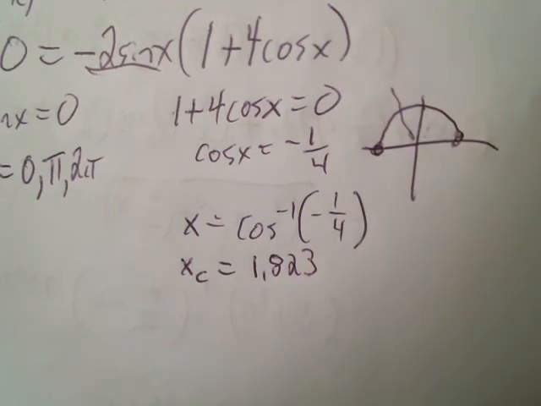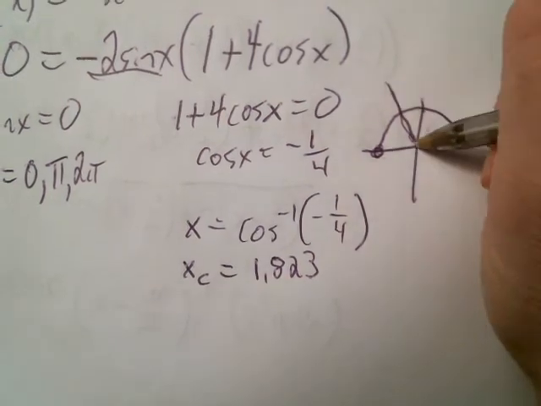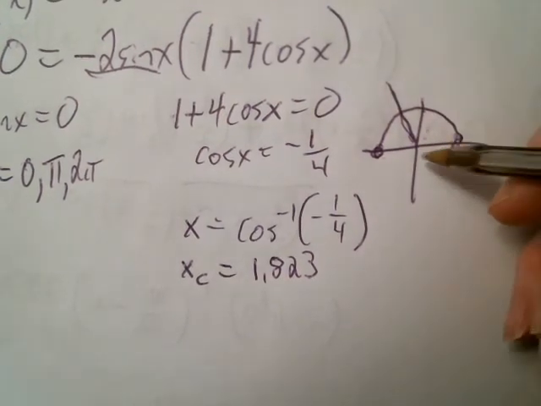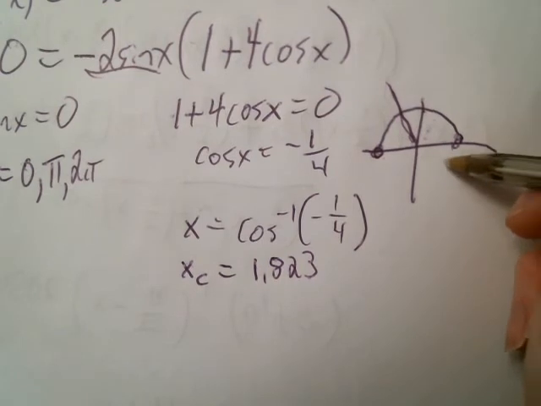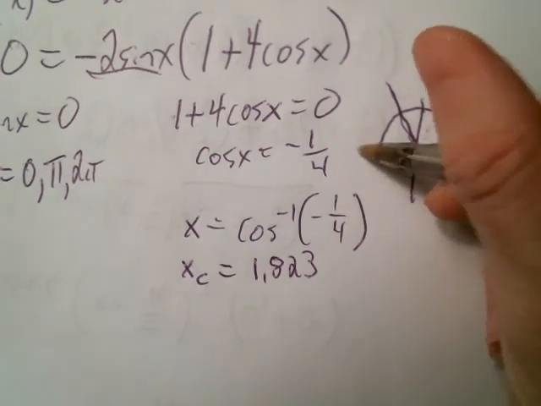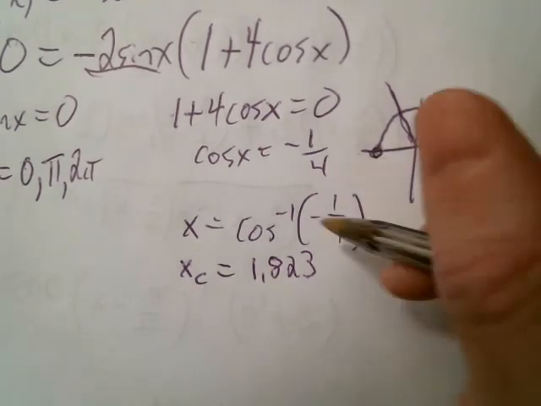Let me convert that into degrees and see where it is. It's 104 degrees. So yeah, it's in this quadrant, and to get the answer in this quadrant, you have to take pi and subtract away this angle.